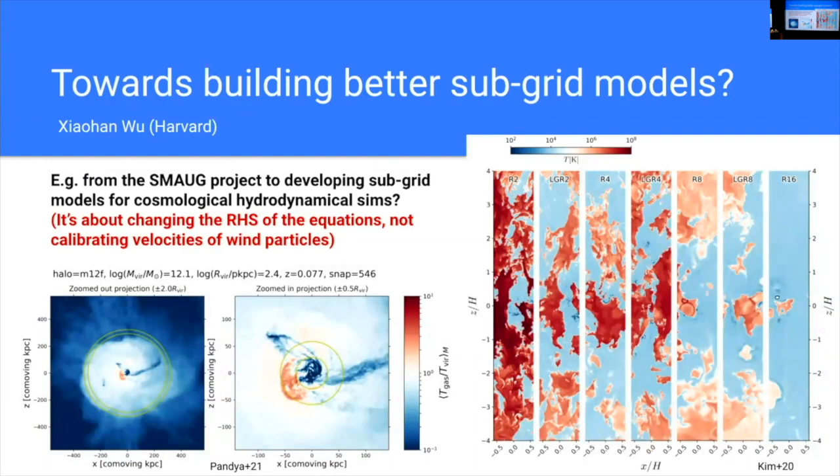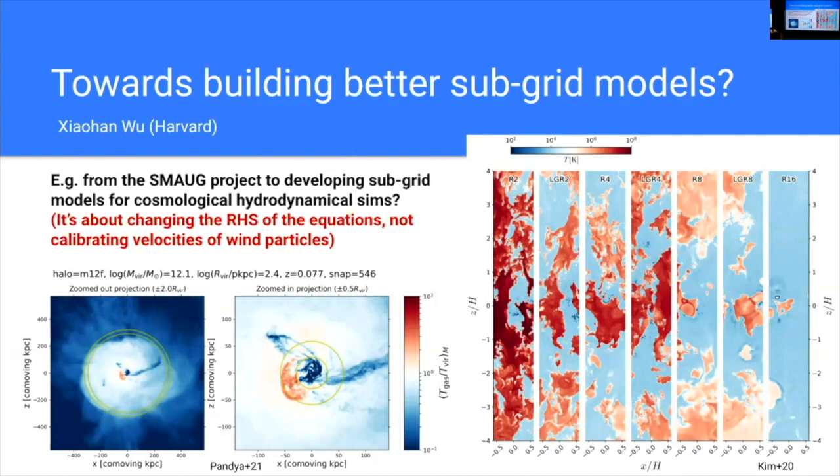So you have various individual ISM simulations, and in these very high resolution simulations, you can really simulate the propagation of the winds to very high accuracy. And then can we actually propagate this information to use them in cosmological simulations where you have very low resolution?